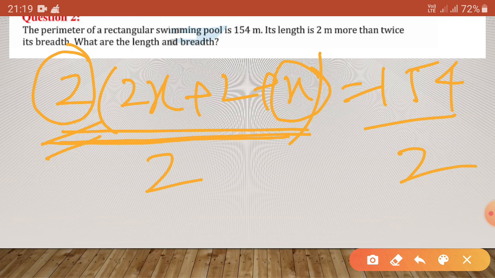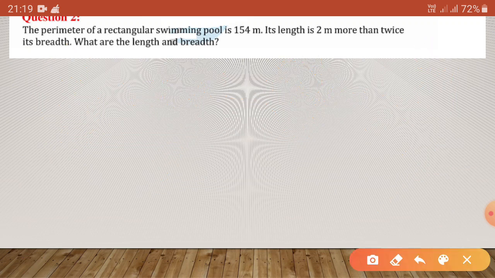Okay, so if we divide both sides by 2 we will get 2x plus 2 plus x on the left side, because 2 and 2 cut it, and then on the right side we will get 77.